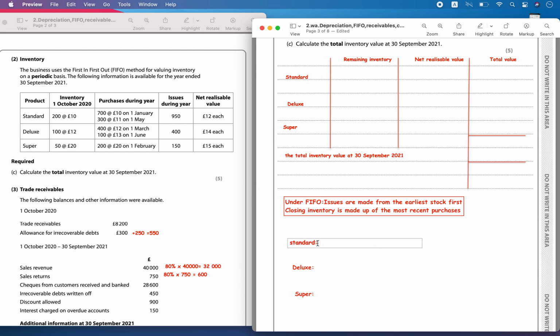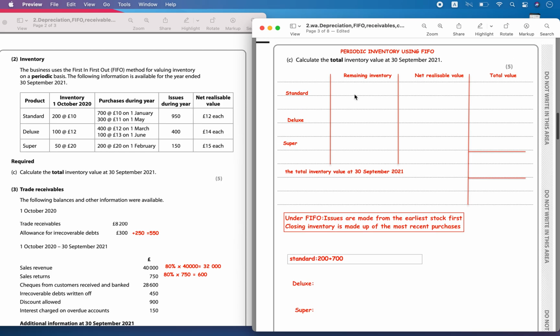For the standard, you will have at the beginning 200 units, and then 700 units have been purchased. In periodic inventory you will update at the end of all the purchases and issues.